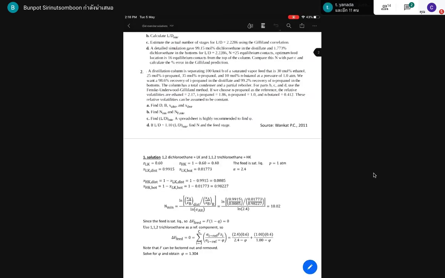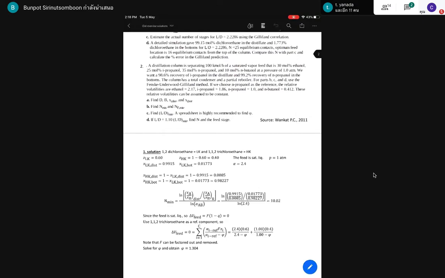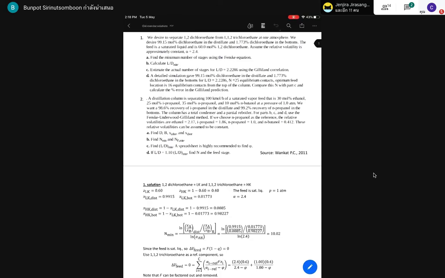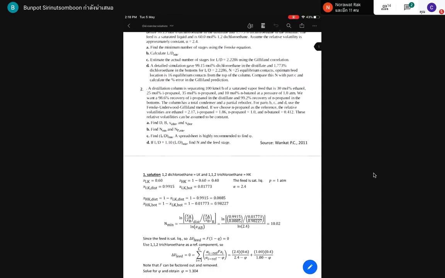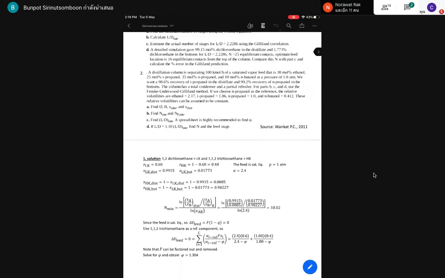For example, this one is question 1, a binary distillation. They only have light key and heavy key in the system, and the question just asks for the minimum number of stages, so we solve that using the Fenske equation.